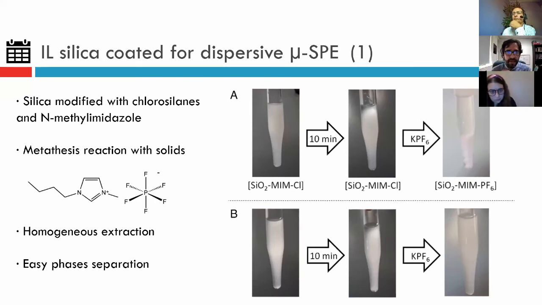That's simple. We are very happy with this first work because we demonstrated, and as far as I know, this was the first time it was demonstrated that the metathesis reaction can work as well with solids. If we take the silica modified with ionic liquid on the surface and disperse it into water, we can leave this tube standing for 10 minutes, and you can see here that the particles remain in the dispersion.